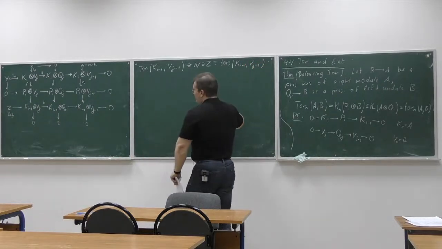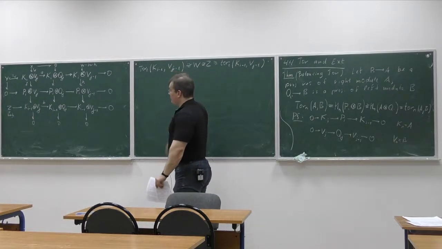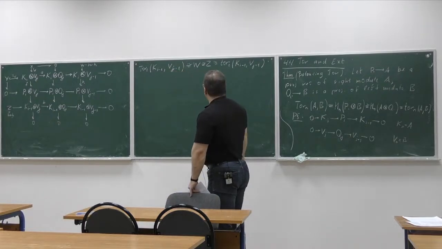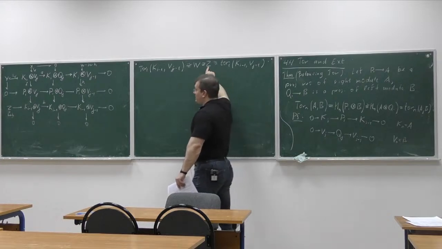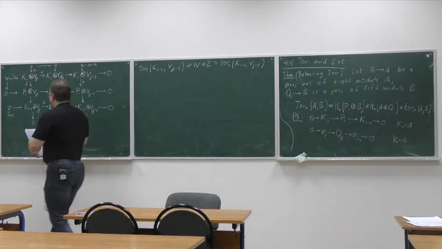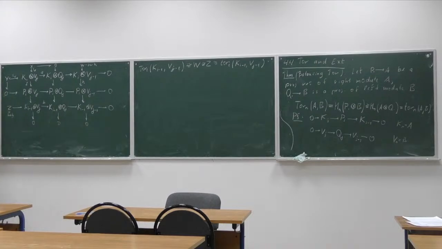The second isomorphism is more or less the same as the first: just look at the corresponding long exact sequence. Now, why is W isomorphic to Z? Well, I claim that this is an application of the snake lemma. We just need to recognize what we want to use for the snake lemma in this situation.